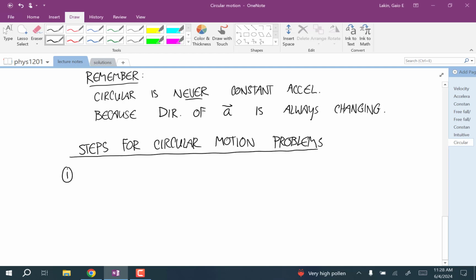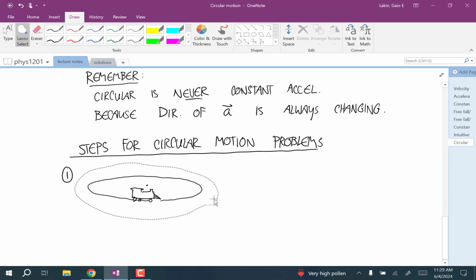Okay, so let's say that you're doing a circular motion problem and all you have, look how good I am at drawing toy trains. Okay, so let's say this train is going around train tracks on the floor like that. It's in circular motion, and we want to calculate something about its motion.